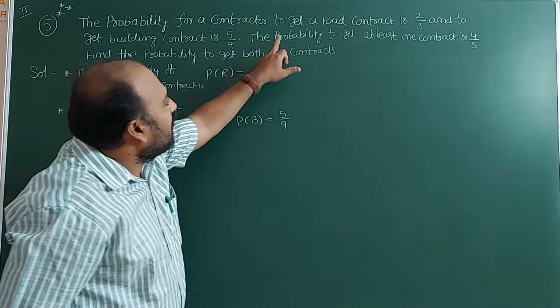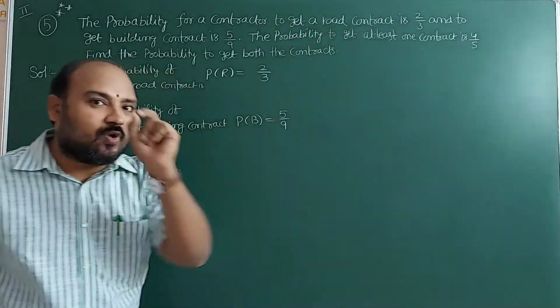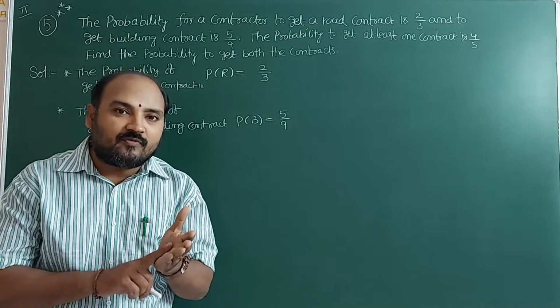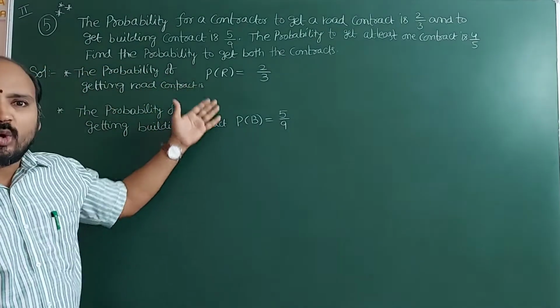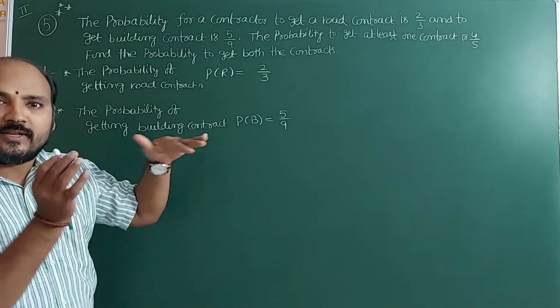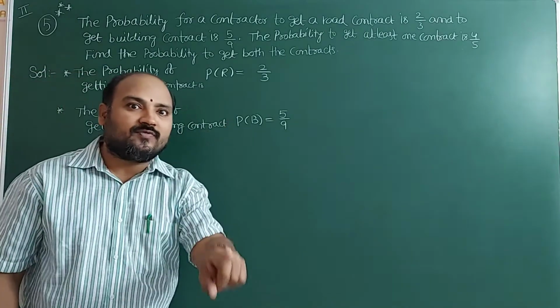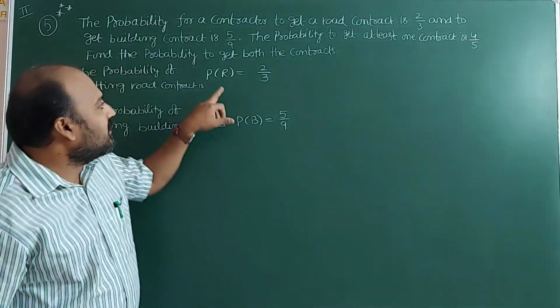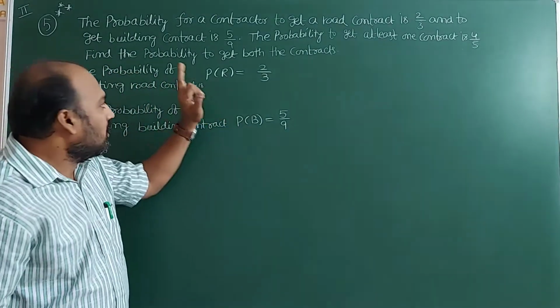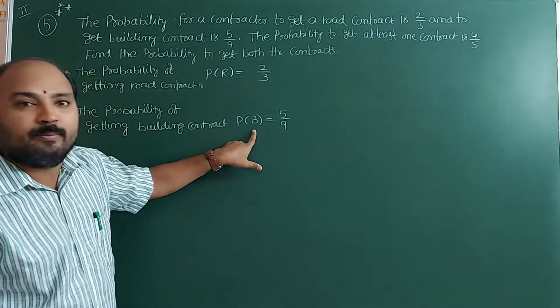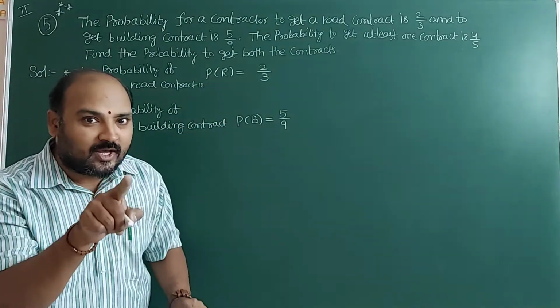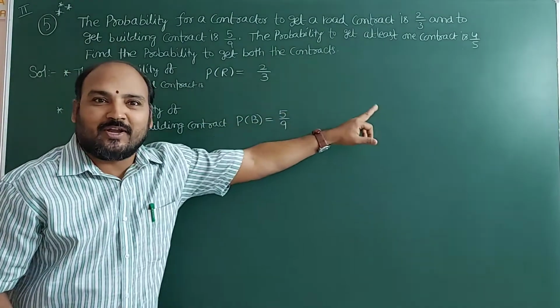And the probability to get at least one contract. The meaning of at least: how many contracts are there? Road contract and building contract in this question. At least one of the contracts means either the person will get a road contract or a building contract, or means union. That value is also given.